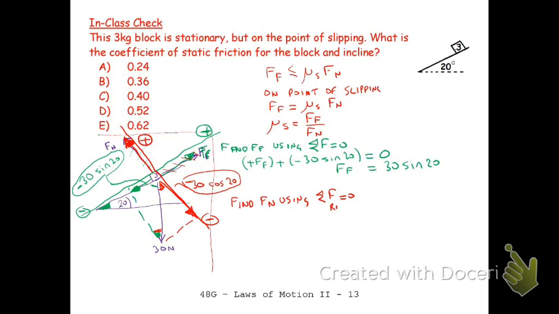That was on the green line, this is on the red line. I go plus Fn added to minus 30 cosine 20 equals 0. So Fn is equal to 30 cosine 20.